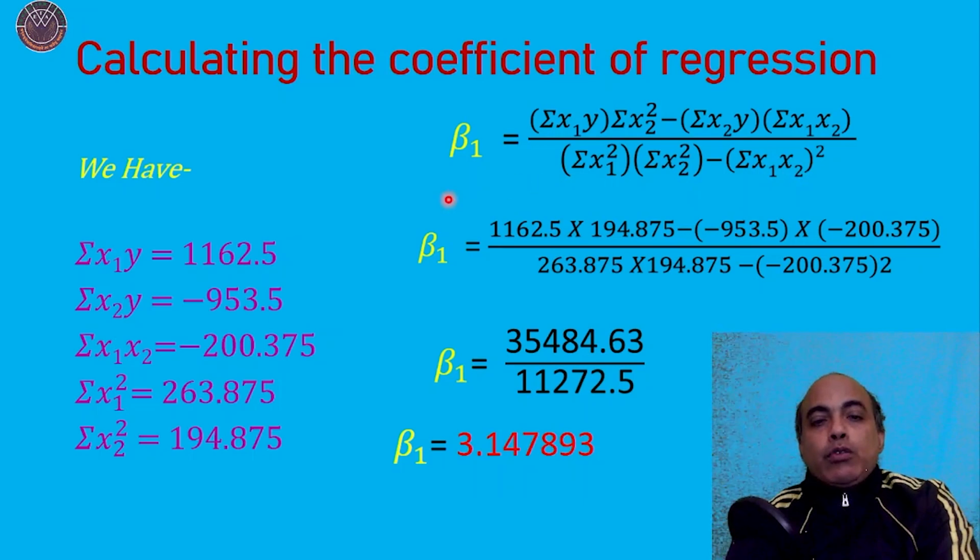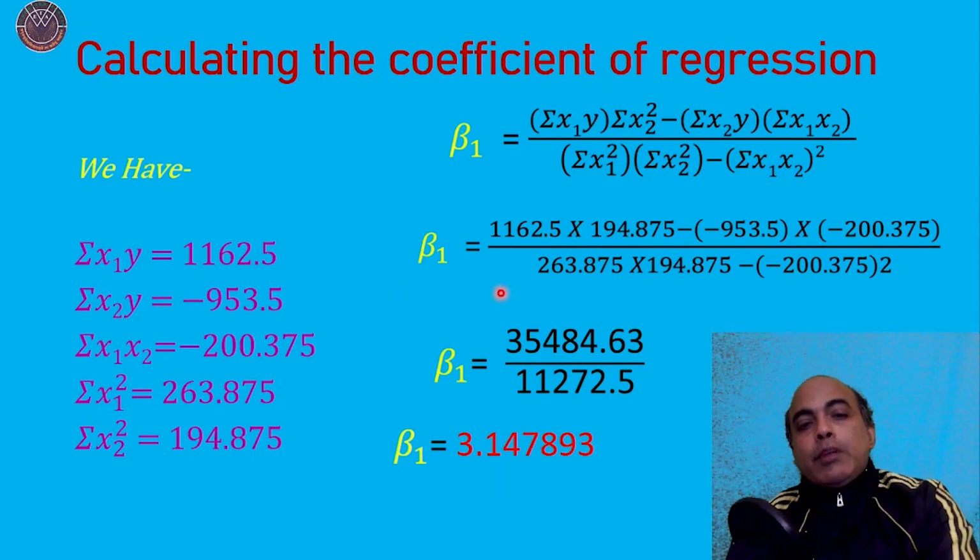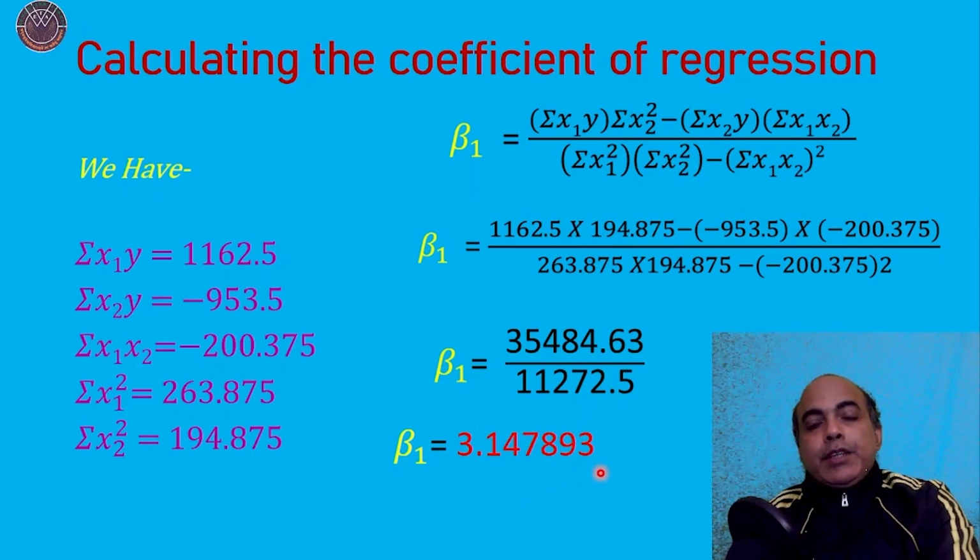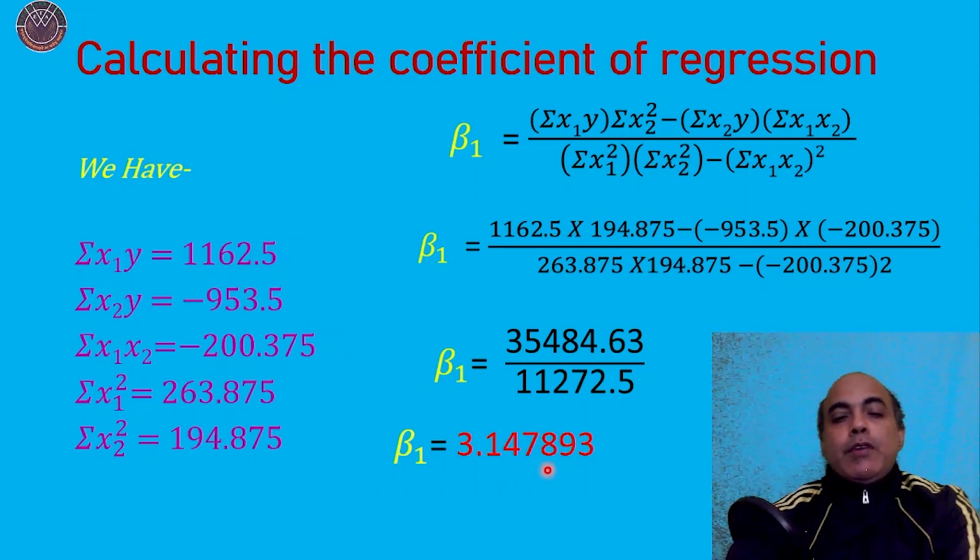Once you substitute the values we have obtained into this formula, you will get beta 1 as 3.147893. So we used this formula and calculated beta 1 as 3.147893.